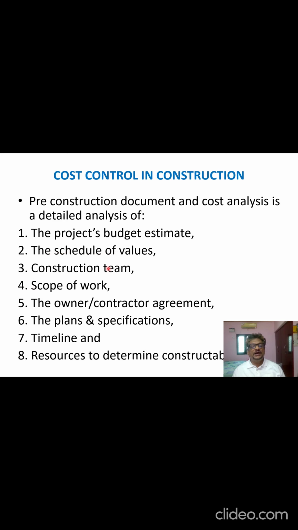We need to have the manpower required for the construction, and scope of work. Scope of work has to be well defined before the start of the project. The owner-contractor agreement has to be detailed. Plans and specifications are very important, so they have to be frozen and finalized before the start of the project.